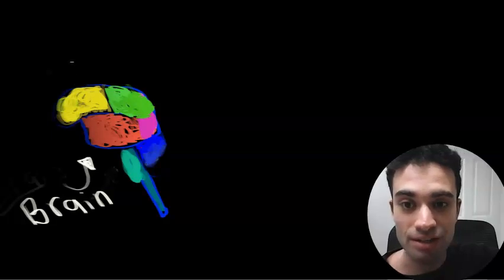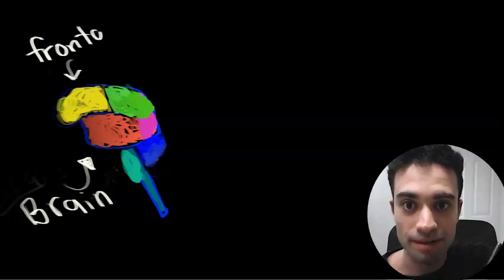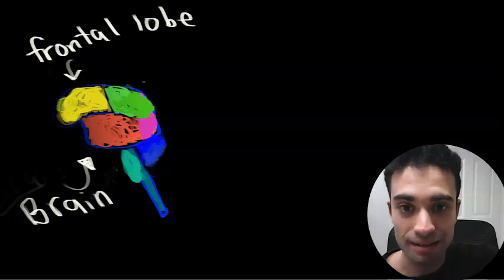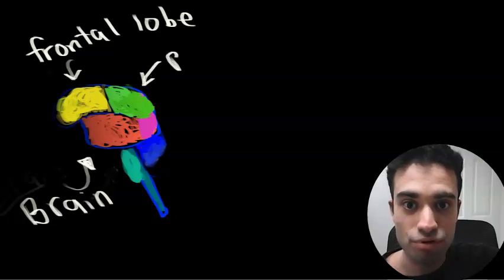This portion here is known as the frontal lobe. This portion right behind it, in green, is known as the parietal lobe.